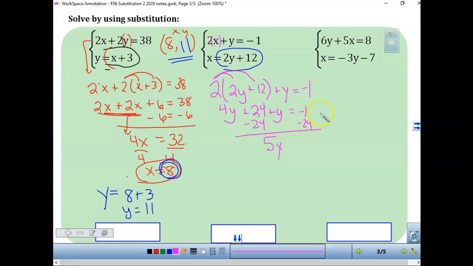Could I have done it as you are suggesting? Could I have written after this step 5y plus 24 equals -1? That works too. Okay. Then I can subtract 24. Both ways, I'm going to get 5y equals -25, correct? I am now dividing by 5, and y equals -5.